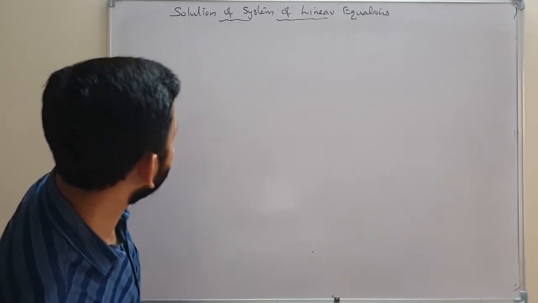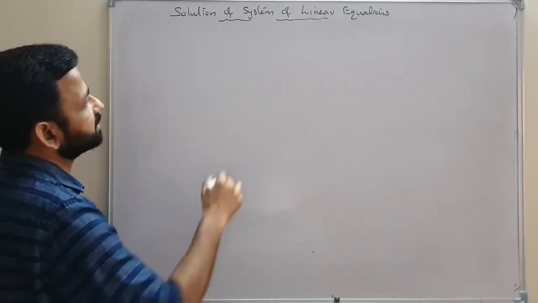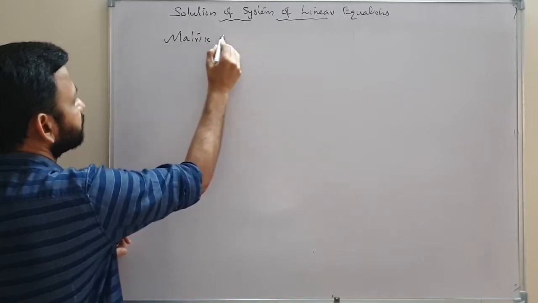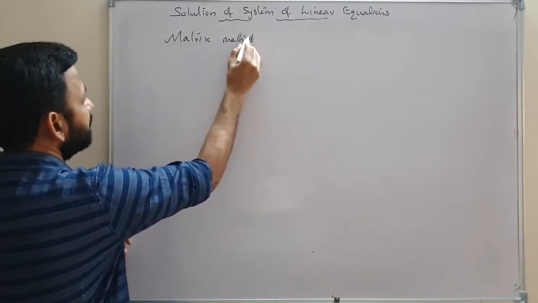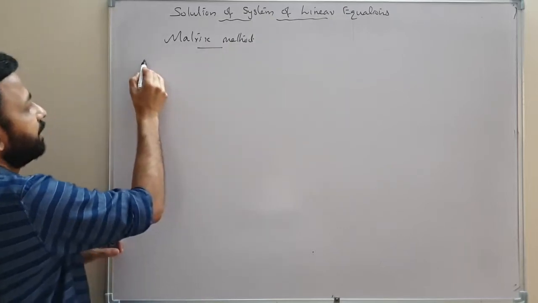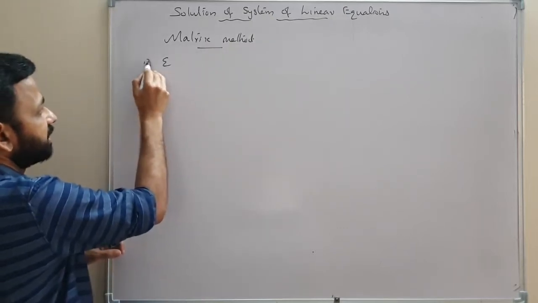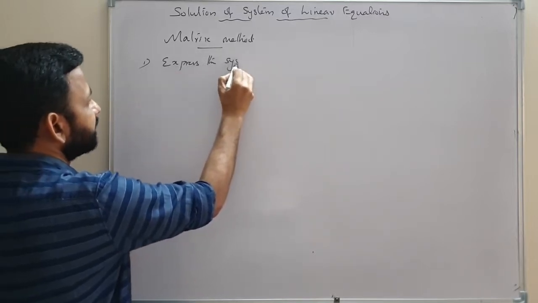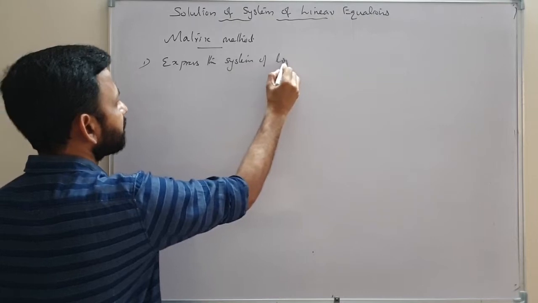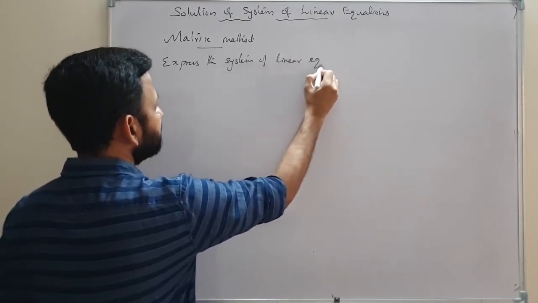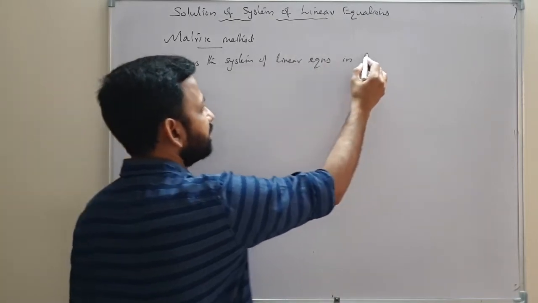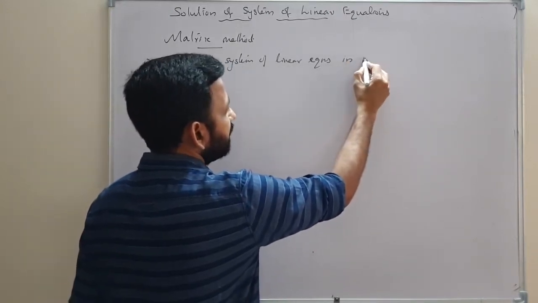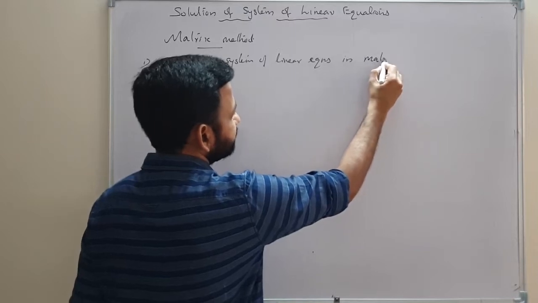So when we find the solution of a system of linear equations in the matrix method, the first step is to express the system of linear equations in a matrix equation.